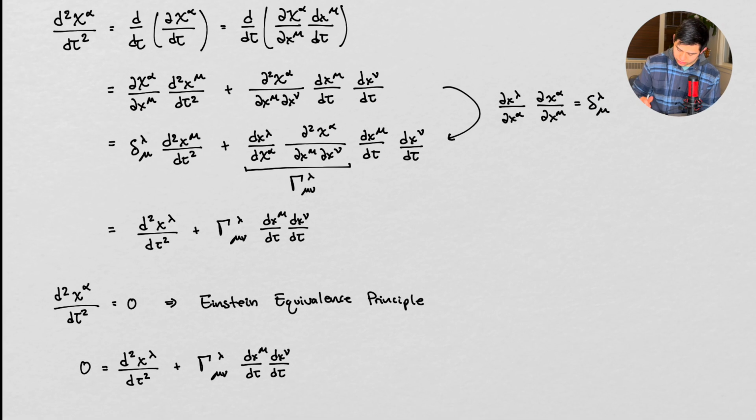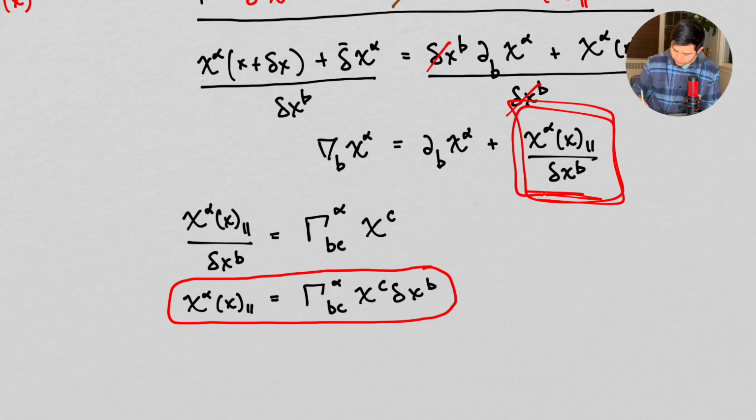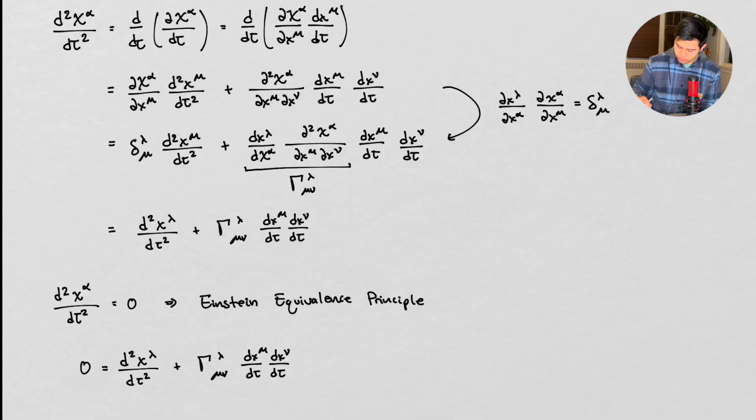To get from here to here, we use this rule right here, where you can almost think about these two guys as canceling. And then we get to this point right here. Now this is what we're going to define as the connection. You might think, well, this doesn't have anything to do with this right here. We'll see how it does have something to do with this in a bit.